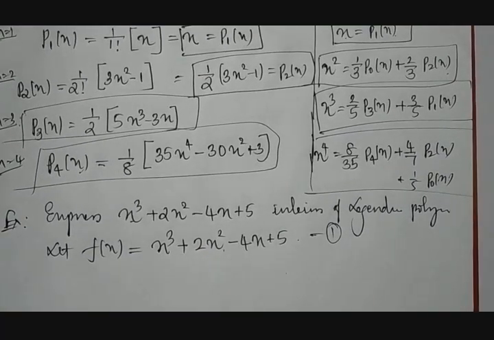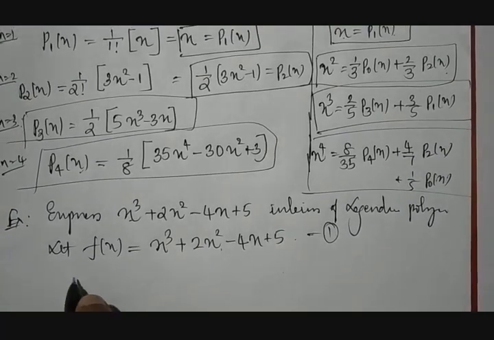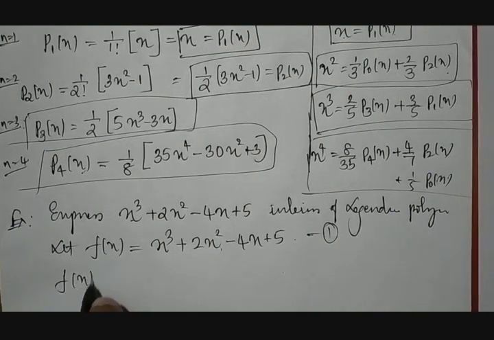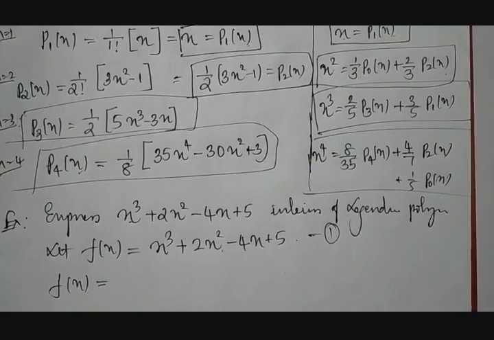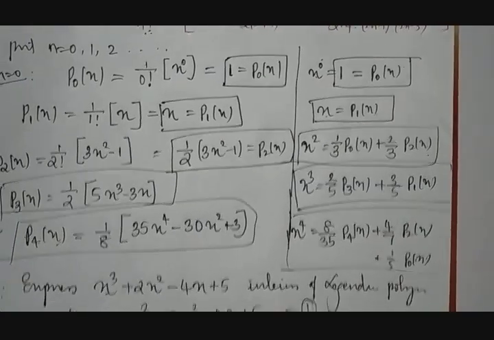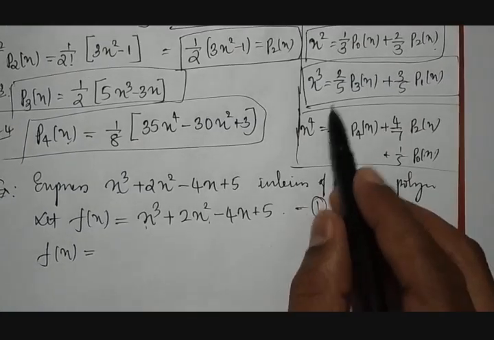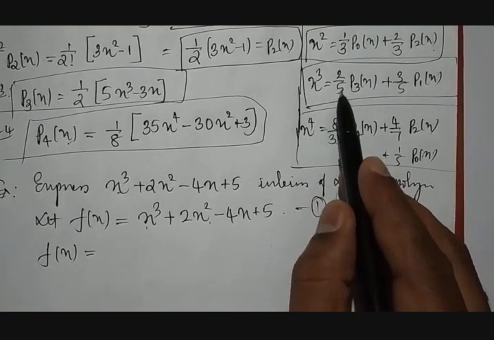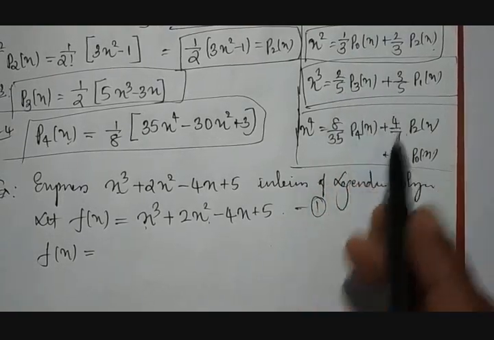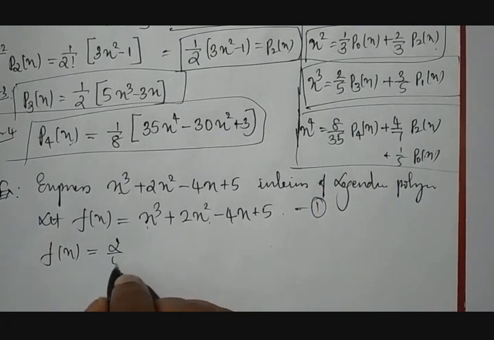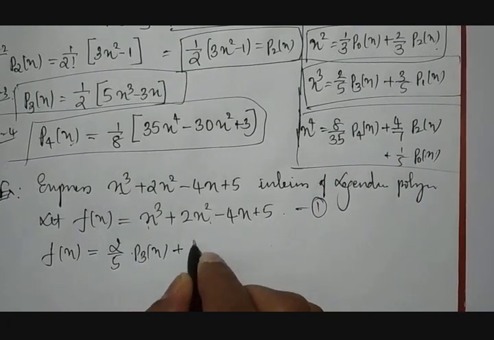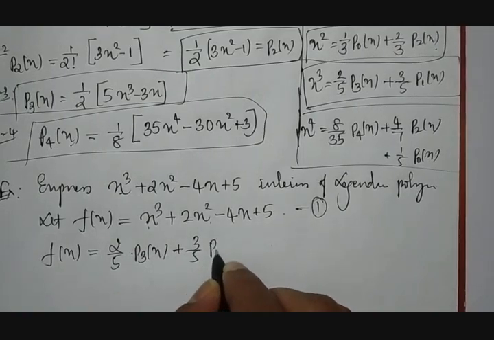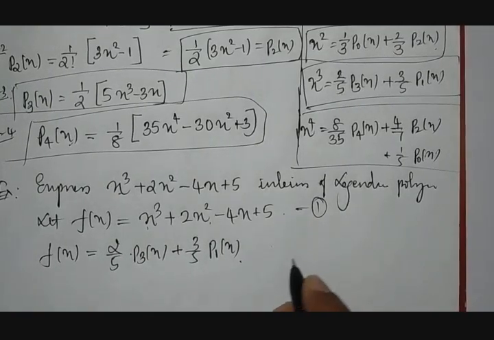We can see here f of x is equal to x cube. How will this x cube be written? Here we have x cube as 2 divided by 5 into p3 of x plus 3 divided by 5 into p1 of x.